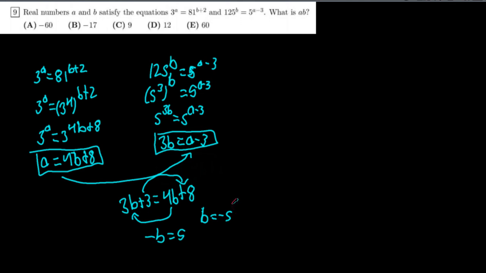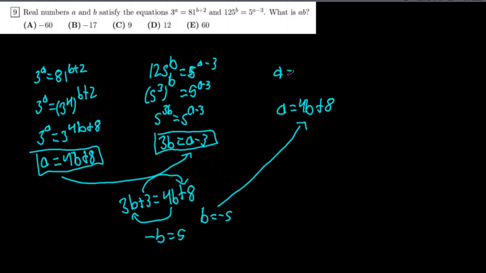Now, we can just plug it into one of these equations. I'm going to choose the first equation that we did, a = 4b + 8. Okay, and then we can just plug this negative 5 into this equation.